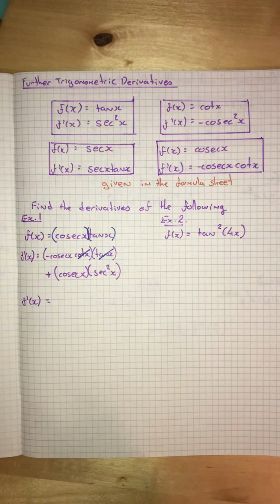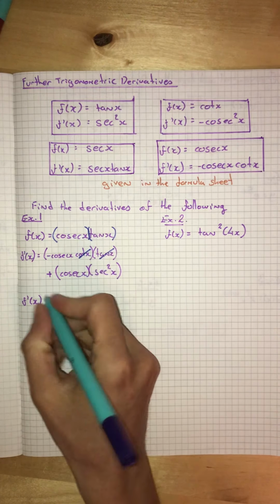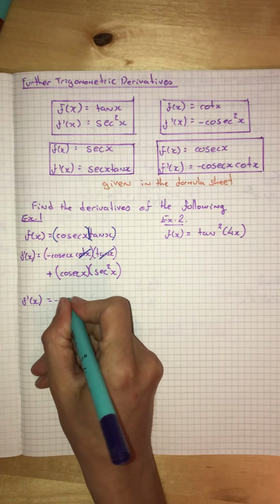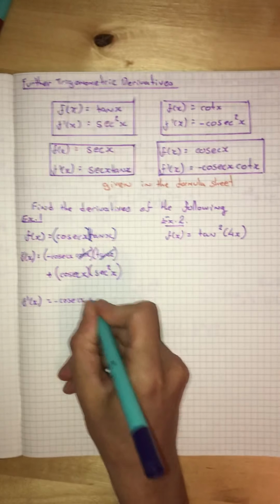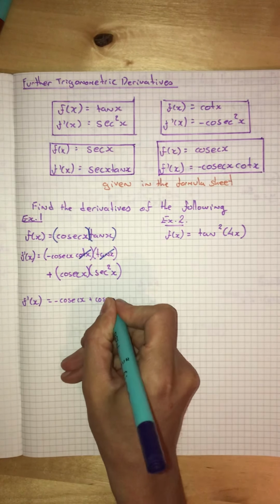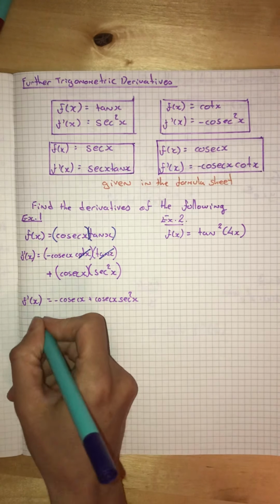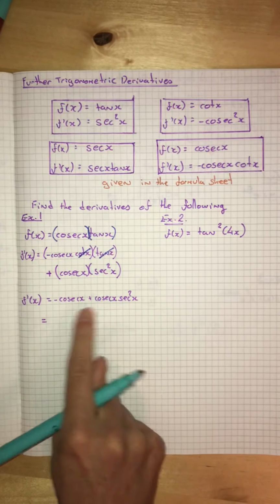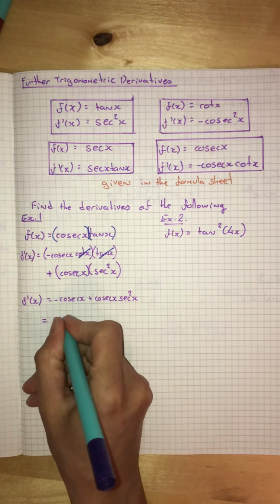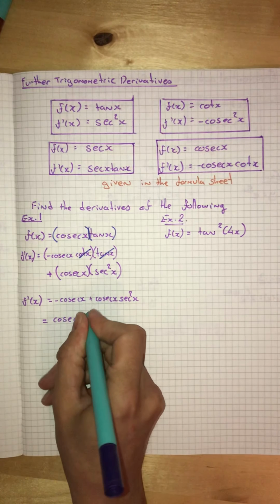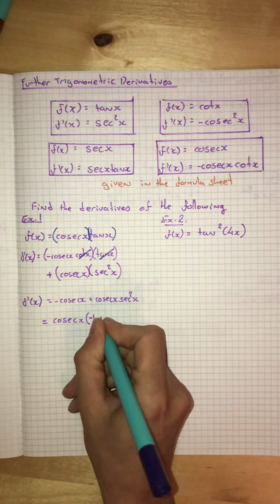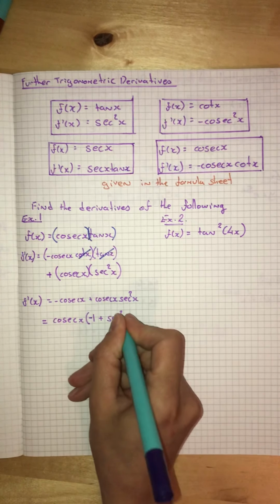But we can rearrange that to just be negative cosec x plus cosec x sec squared x. And then if we were going to be really neat, we could take out a common factor of cosec x, which would leave negative 1 plus sec squared x.